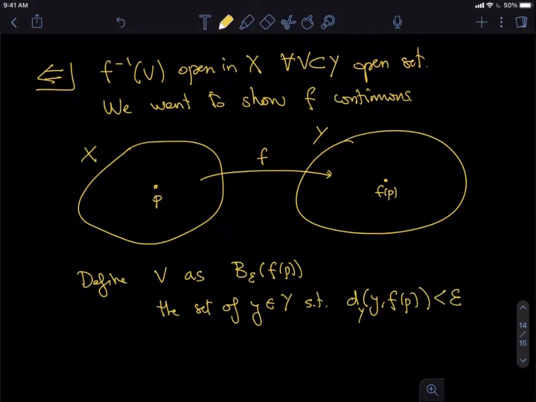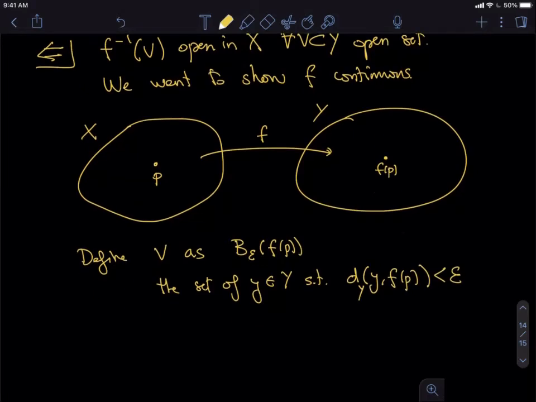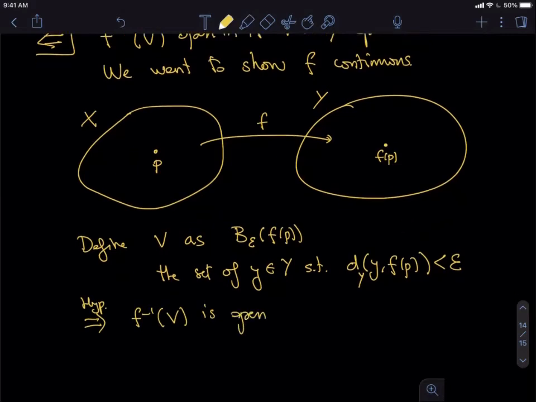Okay. So this is an open ball, so it's clearly an open set. And what we know by hypothesis is that f inverse of V is open. And that means that there is a neighborhood around p that is completely contained in the inverse image of V by f.